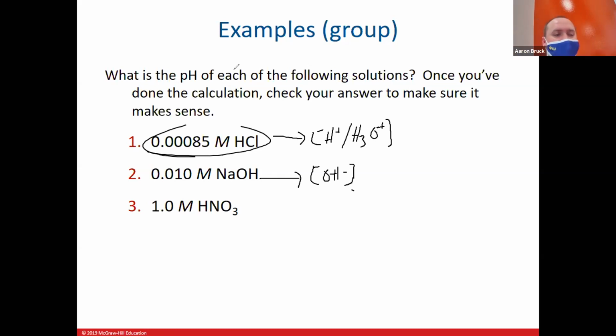Once you do that, then you'll be able to determine the pH because you'll know what the H plus or the OH minus concentration is. So in the case of this first one, I have exactly one hydrogen ion for every HCl molecule. So in that case, my concentration is going to be the same as my H plus.